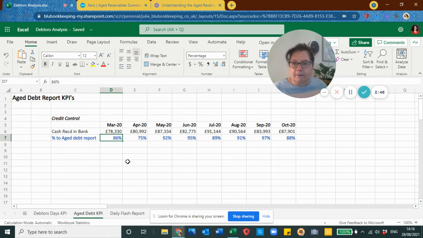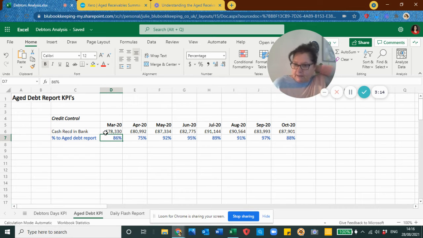In this particular month, we've got cash received into the bank of £78,000 plus shrapnel. And against the percentage of the aged debt report, which is the prior month debt report, because that's what we are trying to record the results against, is 86% of it.